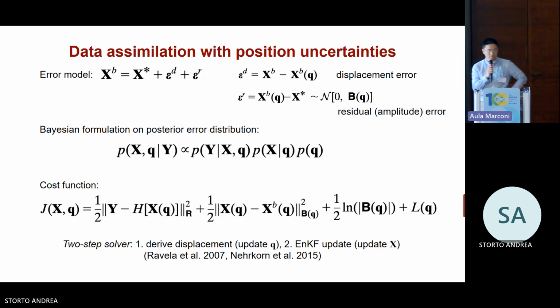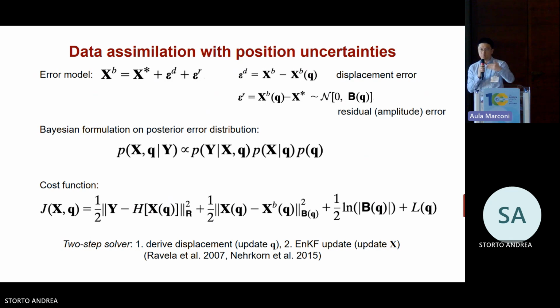Basically, the displacement error we can model by displacing the model grid, so we can warp the coordinate system of the model. So x^b(q) here is some displacement vector pushing the grid box to different spatial locations. This kind of displacement error can be very nonlinear, even though the displacement vector itself is quite linear.